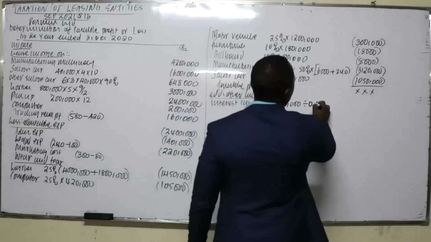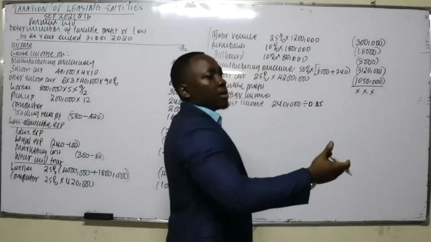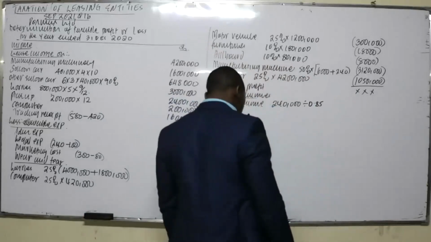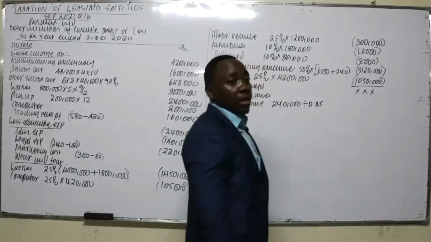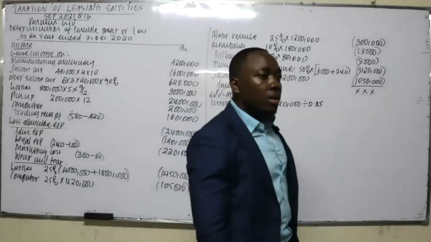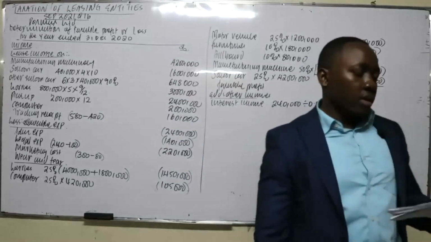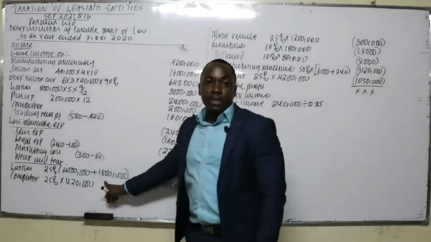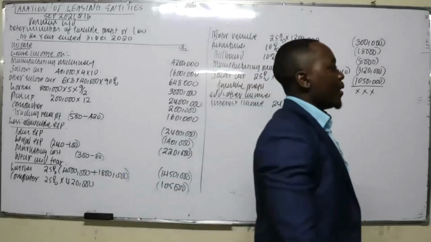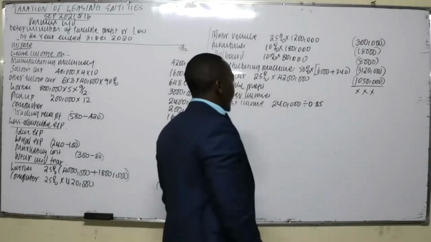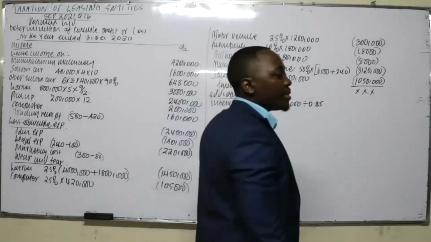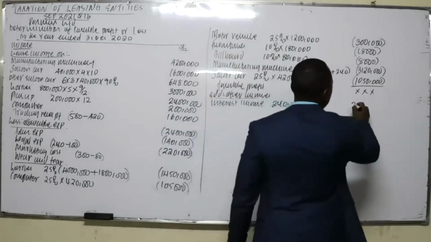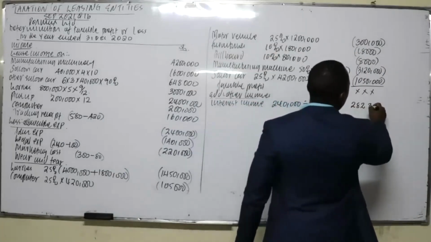You just divide by 0.85, or you multiply by 100 over 85%. 240 divided by 0.85 is how much? 282? 353?